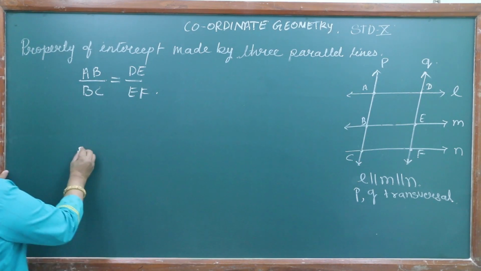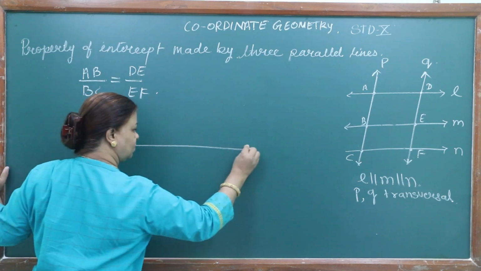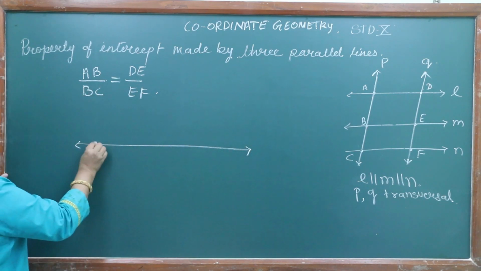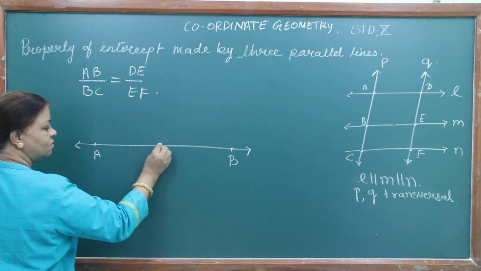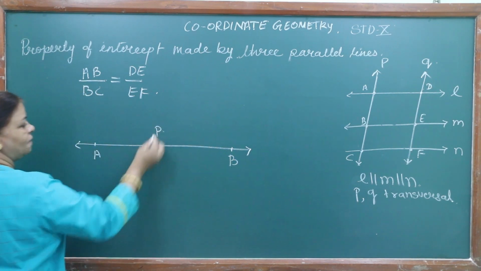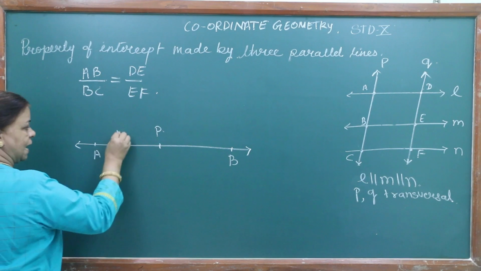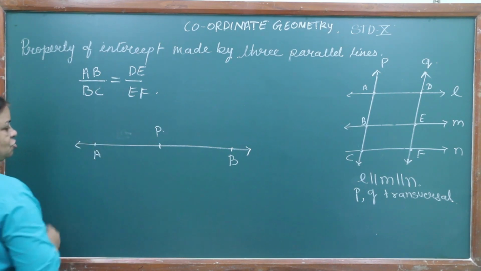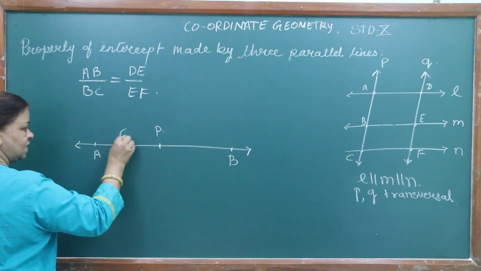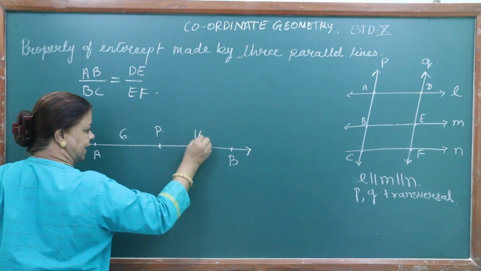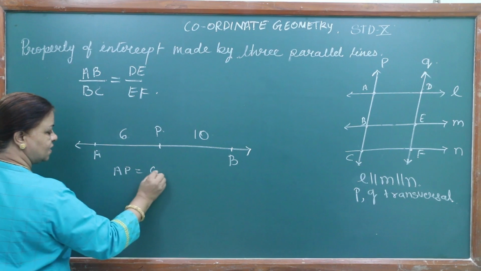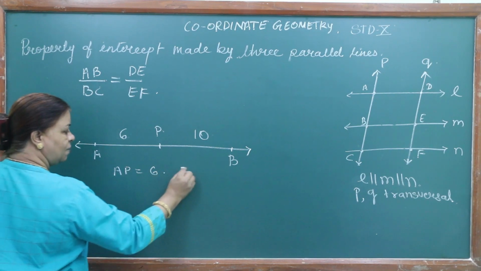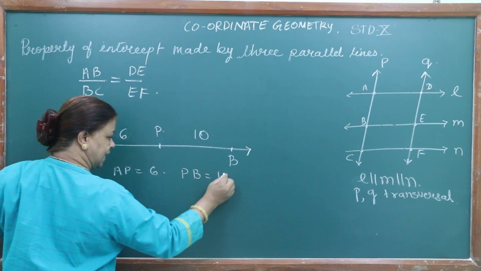Now consider one line AB, and it is divided by point P in the ratio, suppose 6 and 10, meaning AP is equal to 6 and PB is equal to 10.